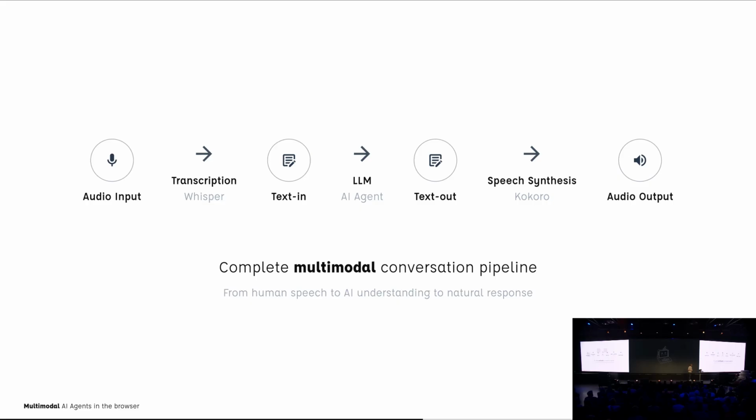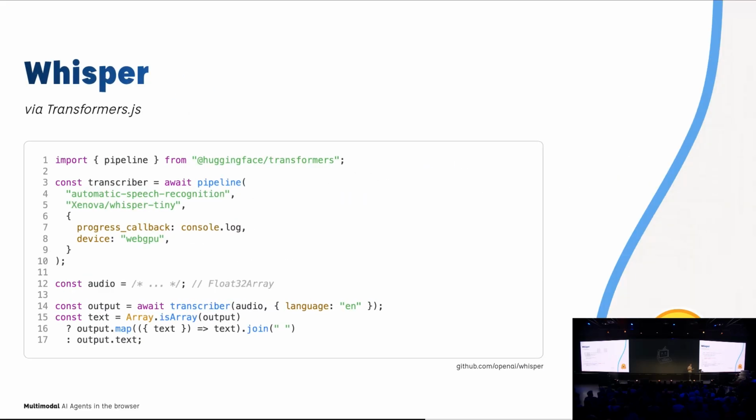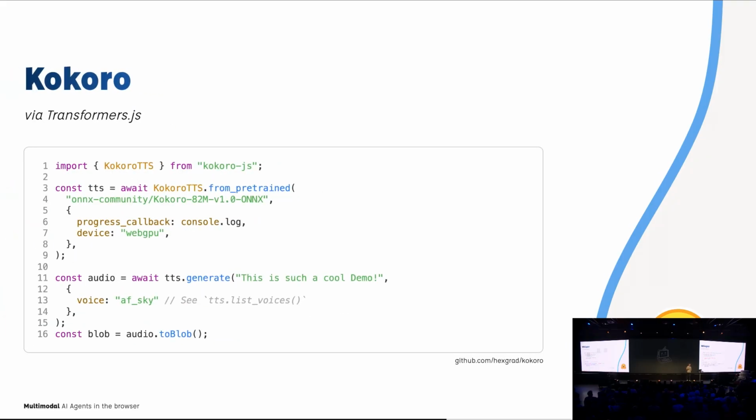The way we can use Whisper and Kokoro is, again, with Transformers.js, of course. So we have the automatic speech recognition task. I now use the Whisper Tiny, and then I can pass any audio to the transcriber, and it will return the text. On the other end, I am using Kokoro.